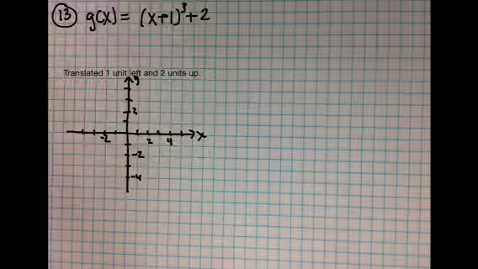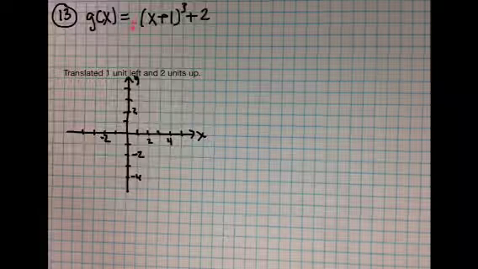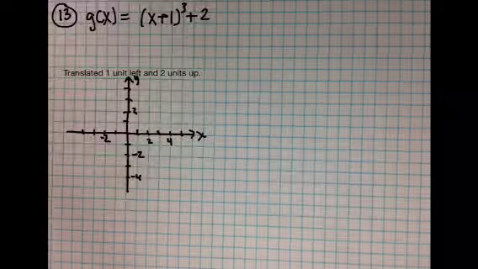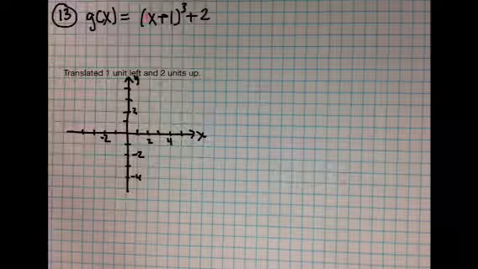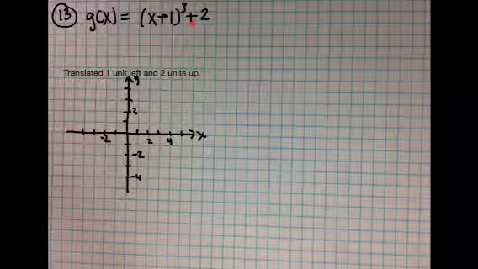Alright, number 13. You have a is 1, because again, there's no number there, so we know it's a 1. B is 1, because the coefficient of x inside the parentheses is 1. H we're going to find right here, and K we're going to find right here.